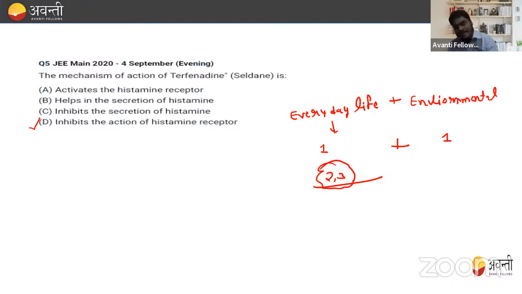If I'm talking about chemistry in everyday life, then the questions generally come from the types of drugs we use for different diseases. Just try to learn 5 to 6 diseases, like which drug is used as an antihistamine, which drug is used as a tranquilizer, which drug is used as an antacid, which drug is used as anti-fertility.